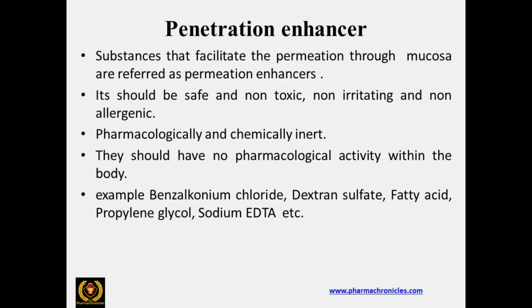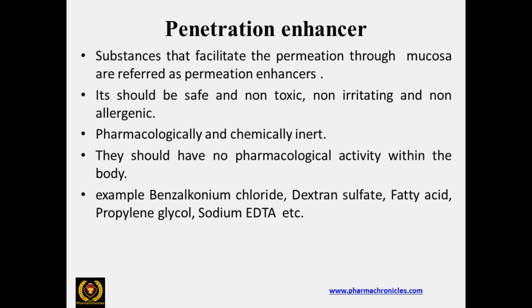Penetration enhancer. Substances that facilitate permeation through mucosa are referred to as permeation enhancers. They should be safe and non-toxic, non-irritating and non-allergenic. Pharmacologically and chemically inert, they should have no pharmacological activity within the body.